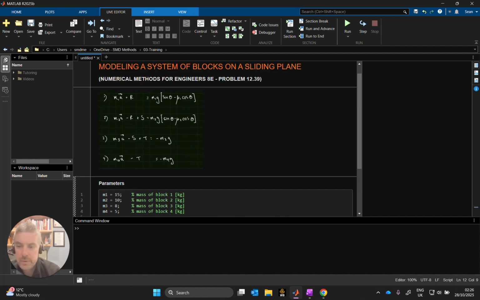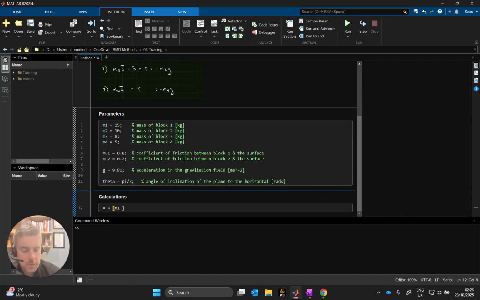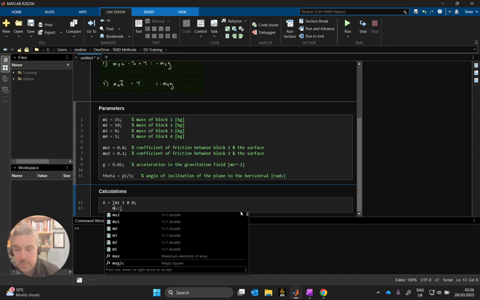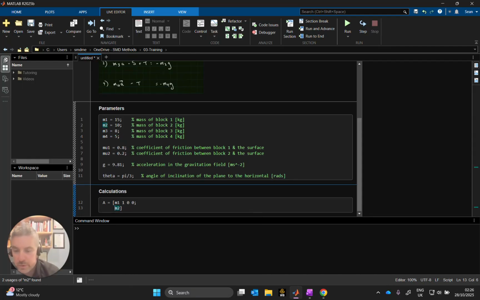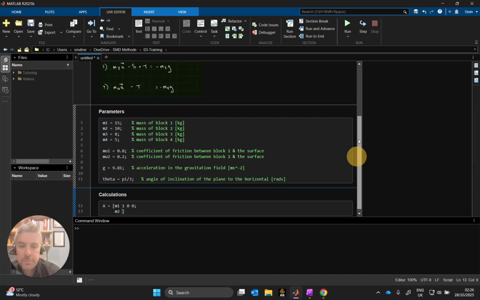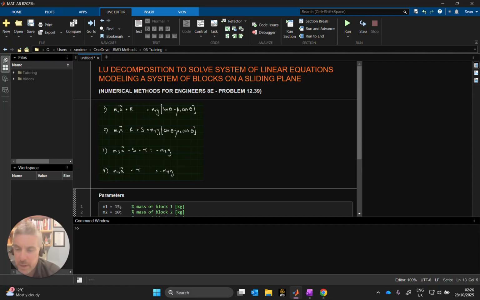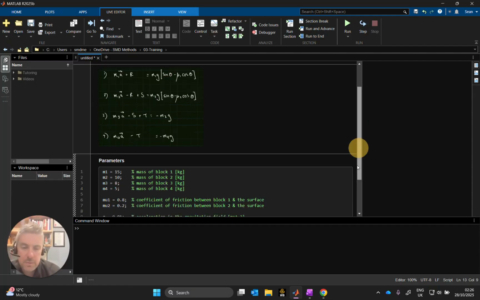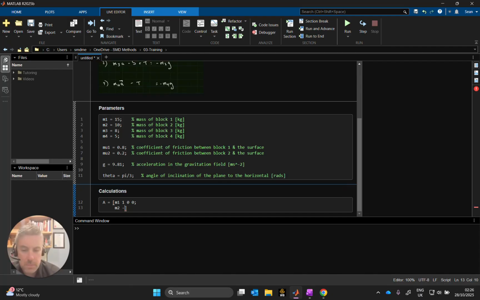There is an M1, R is a 1, a 1, no S, no T. Okay, I'm going to have an M2, let's just move this over just for the look. M2, I have a -1, a +1, and a 0. So my R is a -1, my S is a +1, my T is a 0.